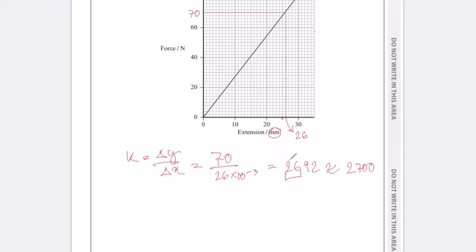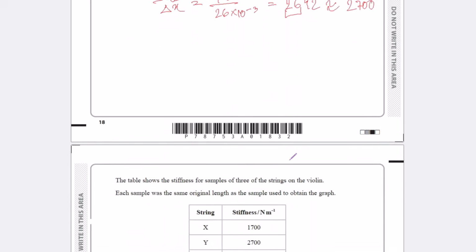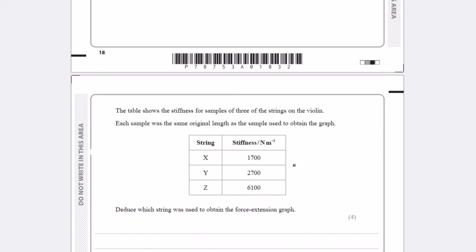Now let's look at the table. 2700 corresponds to Y. So the string that was used was Y, of course.